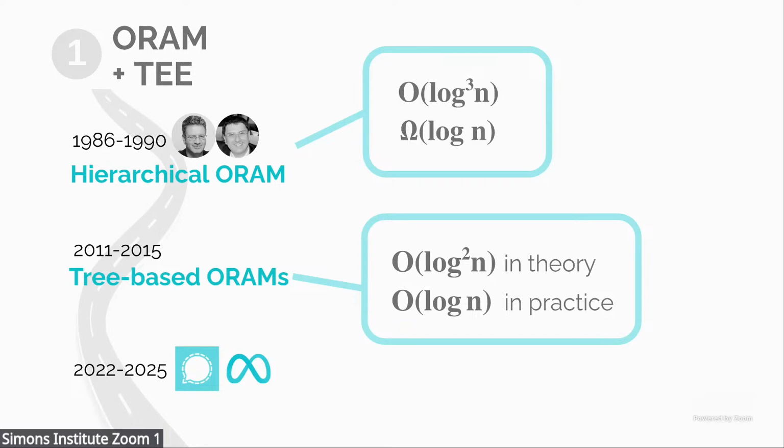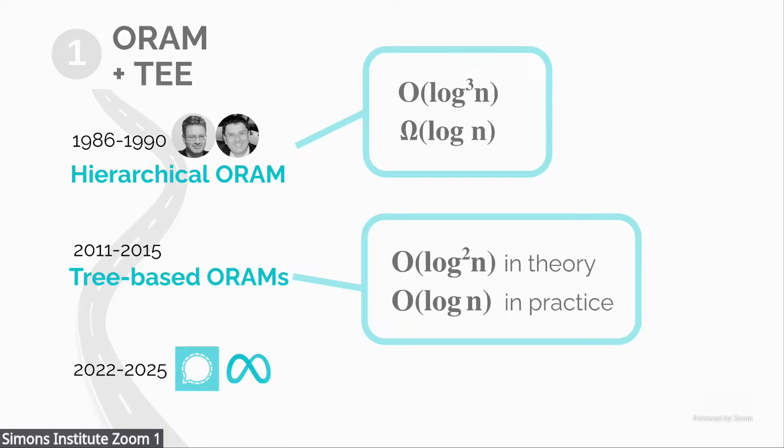And then around the last Simons, 2011 to 2015, there was a paradigm shift. We came up with a new class of constructions called tree-based ORAMs. With tree-based ORAMs, we could shave 1 log factor. So it's log n squared in theory. But actually, these 2 log n's are not equal.